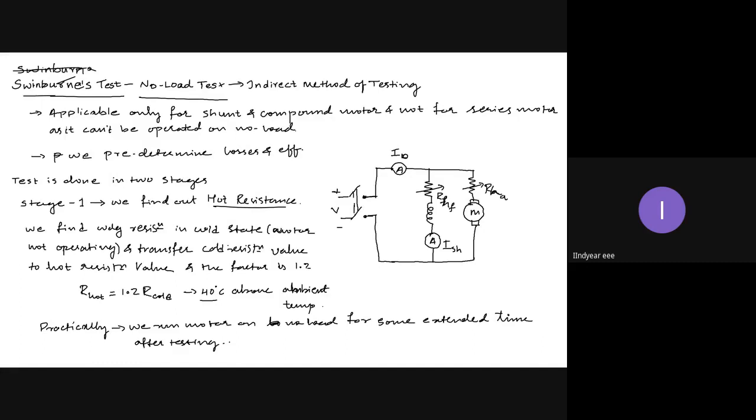Actually we should run beyond that, but because of time restrictions, we will do that. We run the motor on no load for some extended time after testing. Then armature resistance is measured immediately after the motor is stopped.